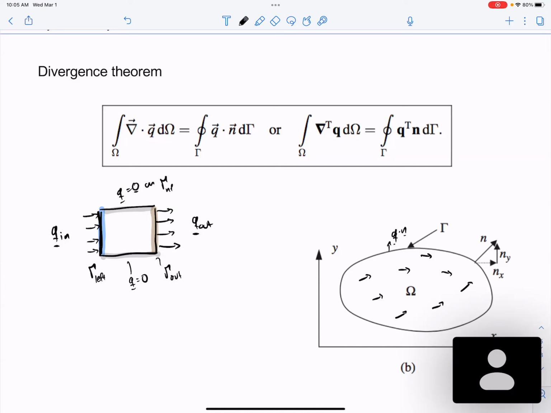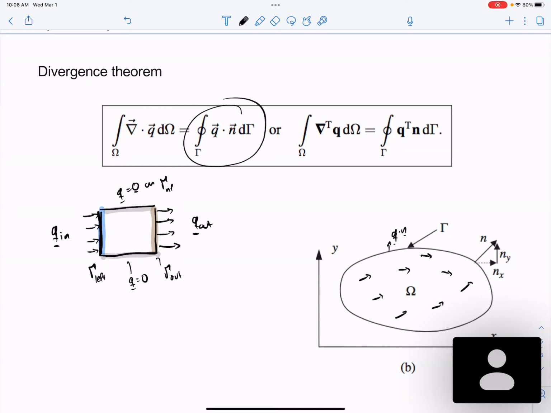So if I tell you how much stuff I have in my box, I think you would intuitively integrate the amount of flux that goes in and out of the boundaries. So you would intuitively do this one, right?